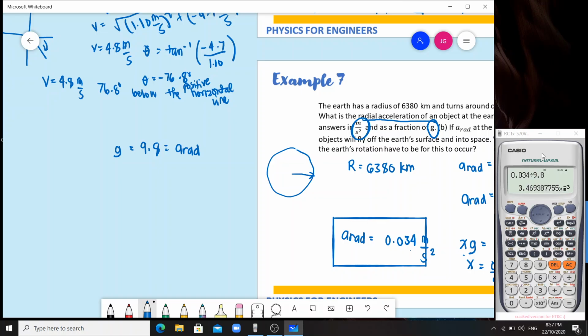So, what should the period be for that to happen? So, 9.8 meter per second squared, we just equate it to 4 pi squared r over t squared. Okay. So, t squared is equivalent to 4 pi squared r over 9.8.